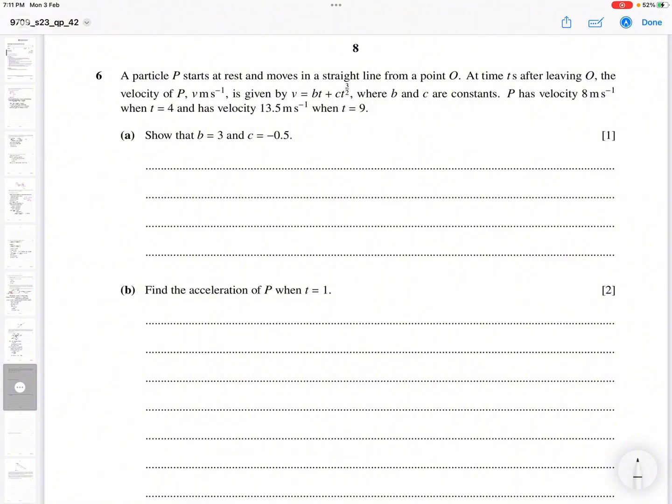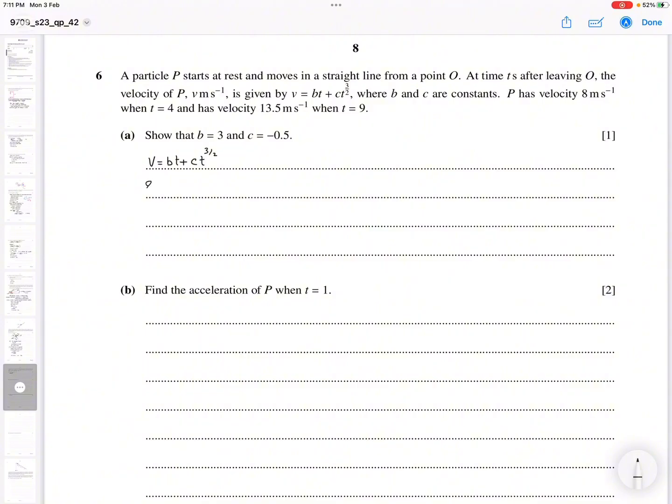So, okay, our v equals bt plus ct power 3 by 2. When t is equal to 4, our velocity is 8, v is 8.